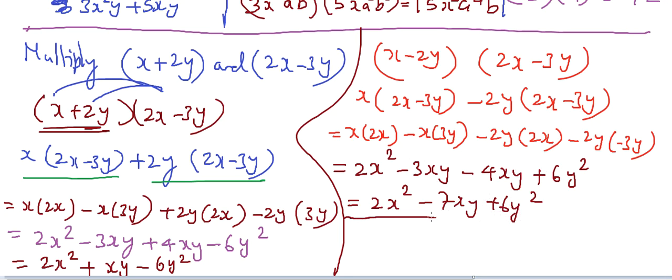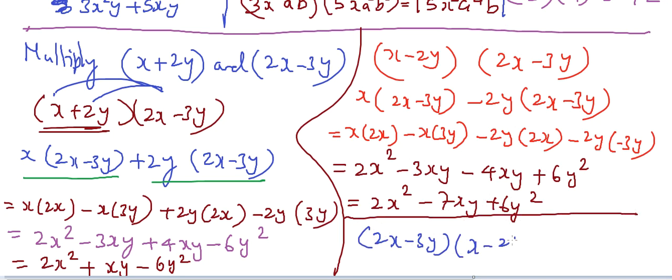And it doesn't matter which way you write it, you can start multiplying 2x minus 3y into x minus 2y, correct?